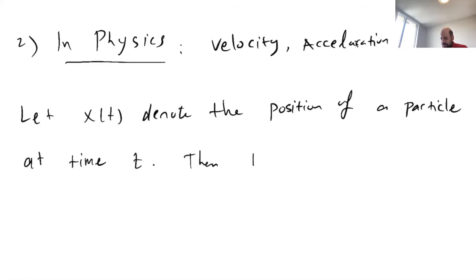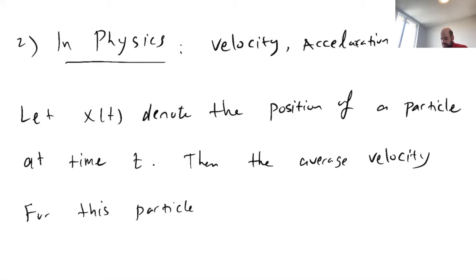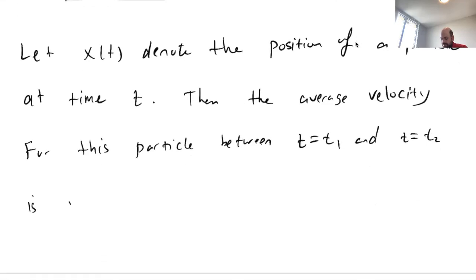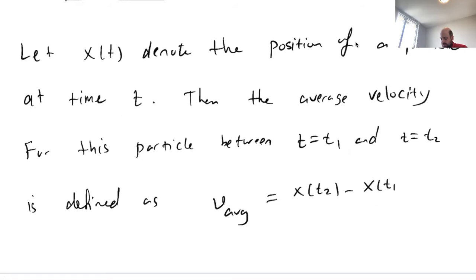Then the average velocity for this particle between two different times, let's say between t equals t1 and t equals t2, is defined as v average equals x of t2 minus x of t1 over t2 minus t1.